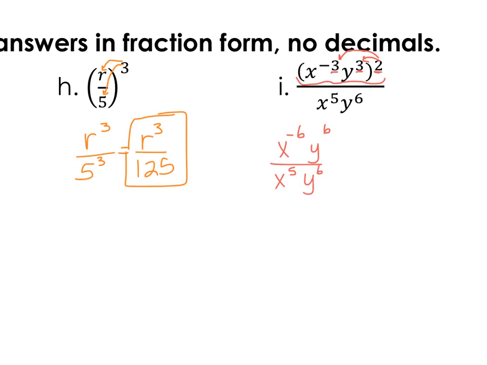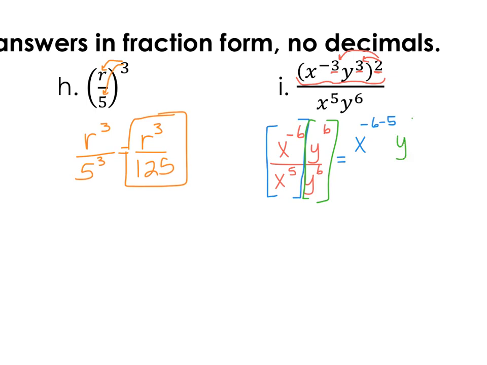If we take a look at the quotient of powers rule, we can kind of break apart matching bases. X to the negative 6th over x to the 5th, you can condense that down to one base by subtracting. Negative 6 minus 5. And then the y's, we can do that same property too.